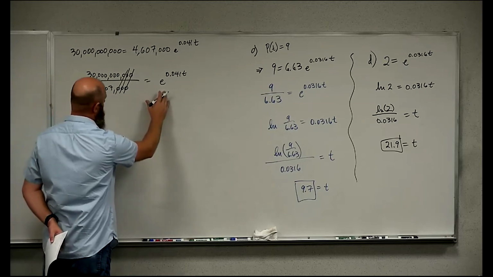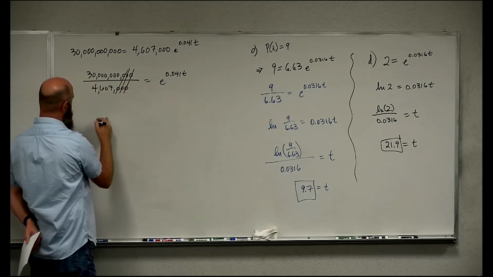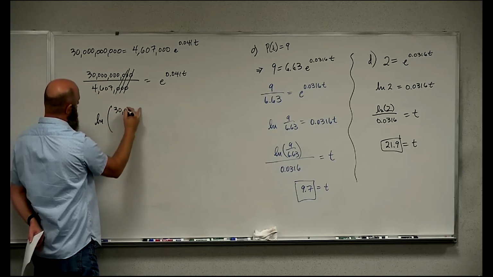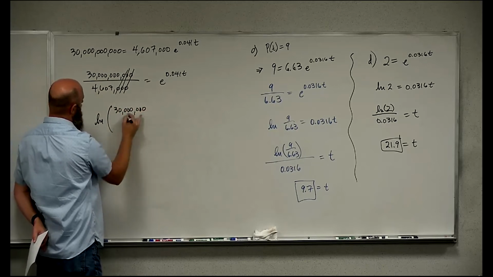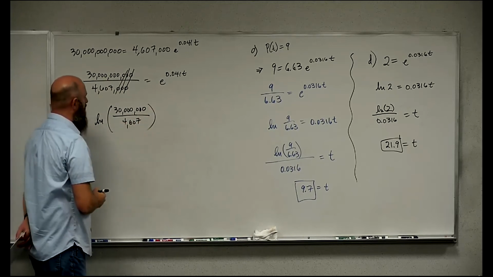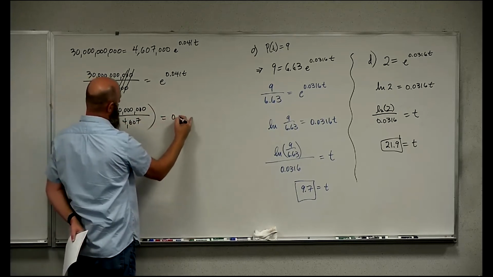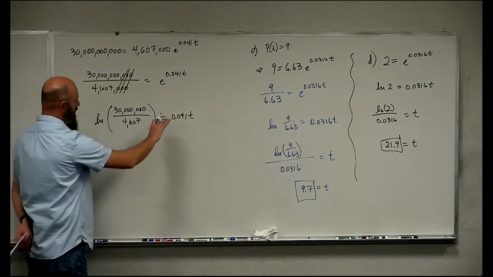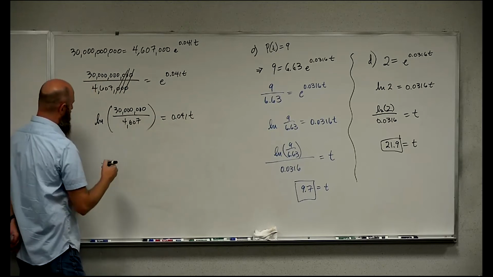So now I can do my ln on both sides, just like I did over there. So ln of all of this. So now it's just 30 million over 4,607 equals 0.041 t. So now we divide by that 0.041.